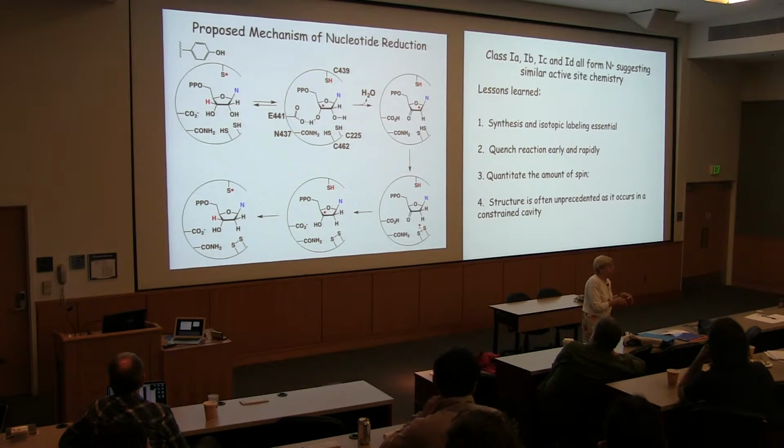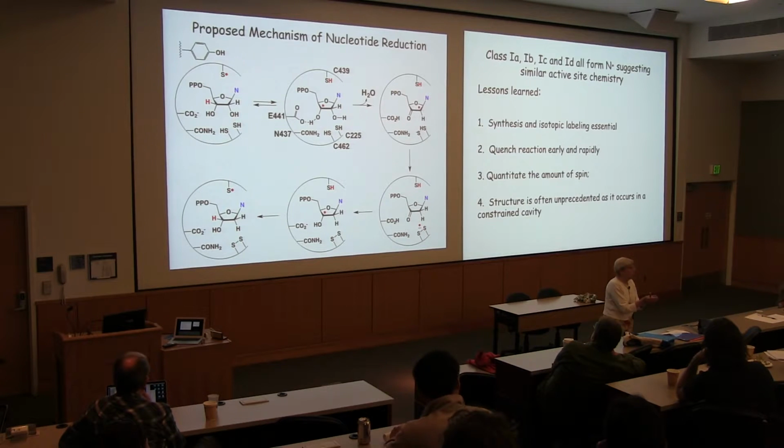Because if you quench it on the minute time scale, in most cases, you have chemistry going on in the cavity of your protein. And that cavity is not reproducible with respect to what you can do in the test tube. It constrains the chemistry that can happen. So you can get something weird like I just showed you on the previous slide, which is actually intellectually informative, but it took us a long time to figure it out.